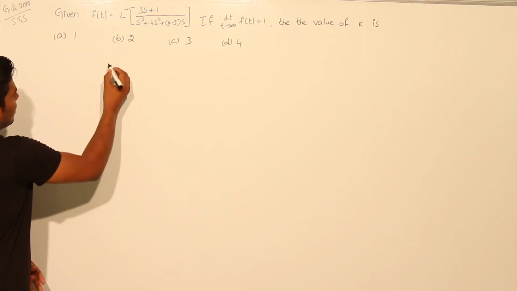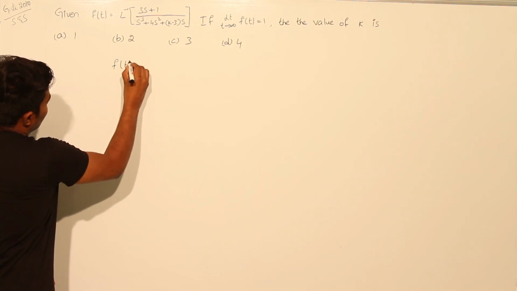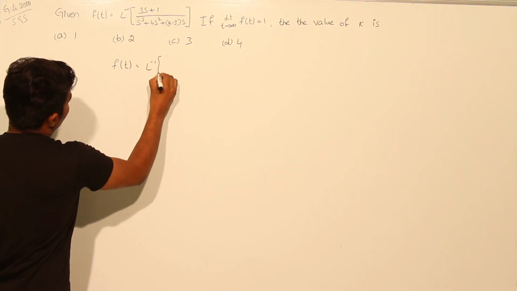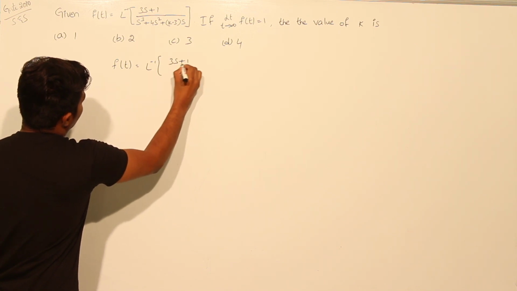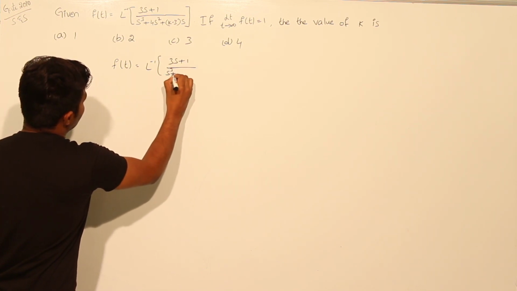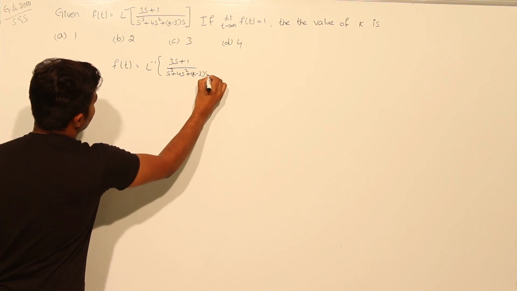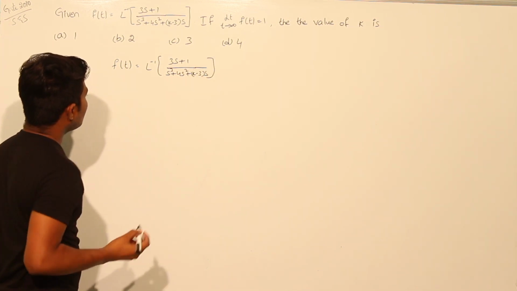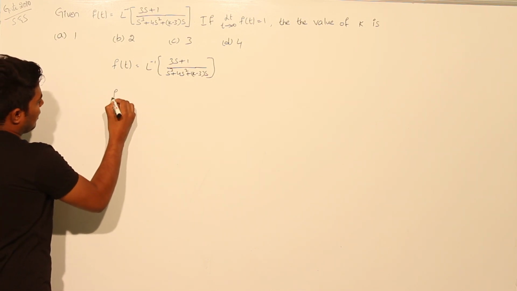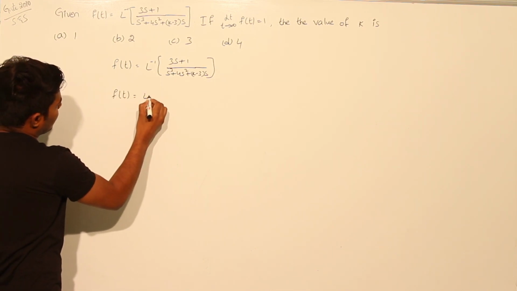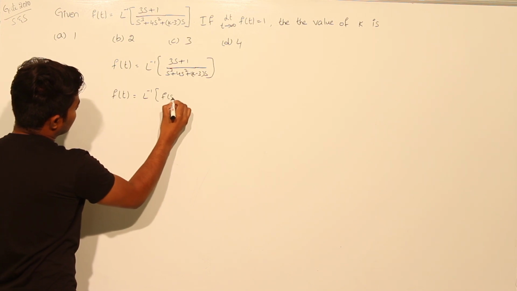First, write down the given function: f of t is equal to inverse Laplace transform of (3s plus 1) by (s cube plus 4s square plus (k minus 3) into s). Now we know that f of t is equal to L inverse of F of s.